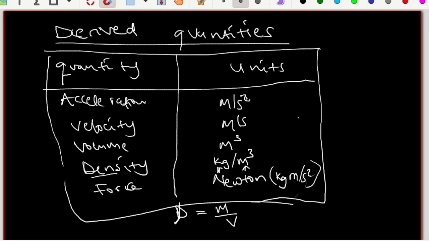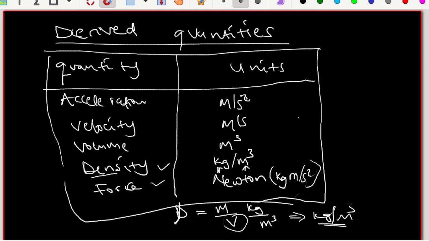Mass over volume. You see, there is mass. How do you measure mass? Mass is in kg. Then volume is in meters cubed. So no wonder you're coming out with the formula kg per meter cubed. It will make sense as we move on, because we start studying these in detail.